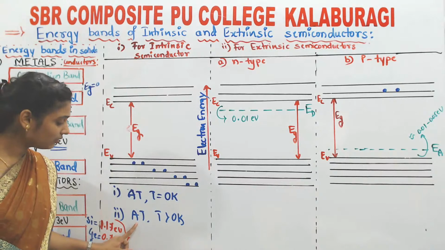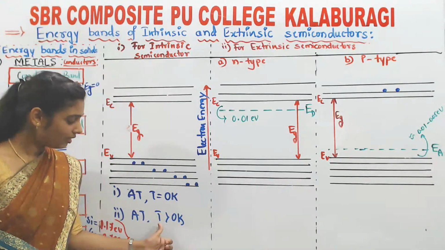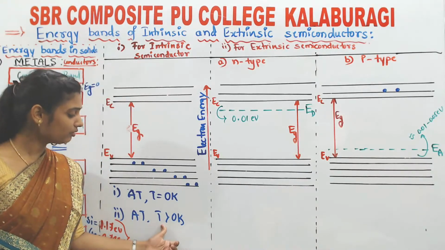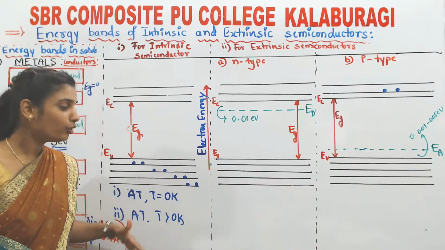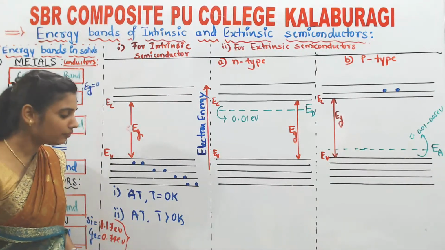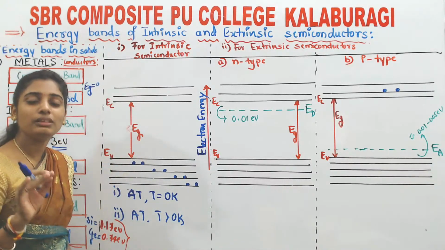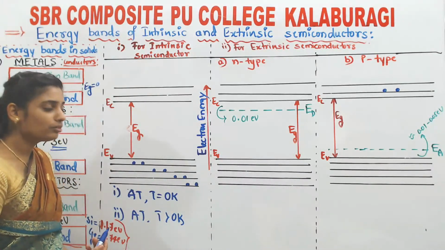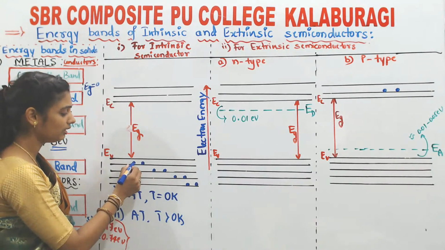Now, if I move to the case where intrinsic semiconductors are at a temperature greater than 0 Kelvin, it depends on what may happen. This is a different case. In the previous case, not enough thermal energy was given to the electrons, because at 0 Kelvin the electrons do not have any thermal energy associated with them.